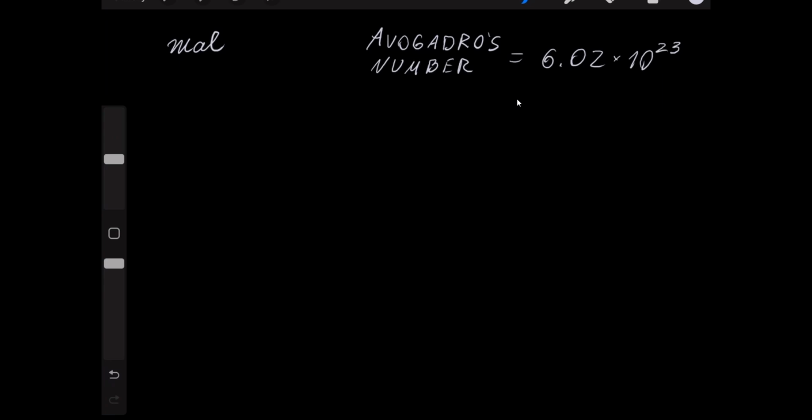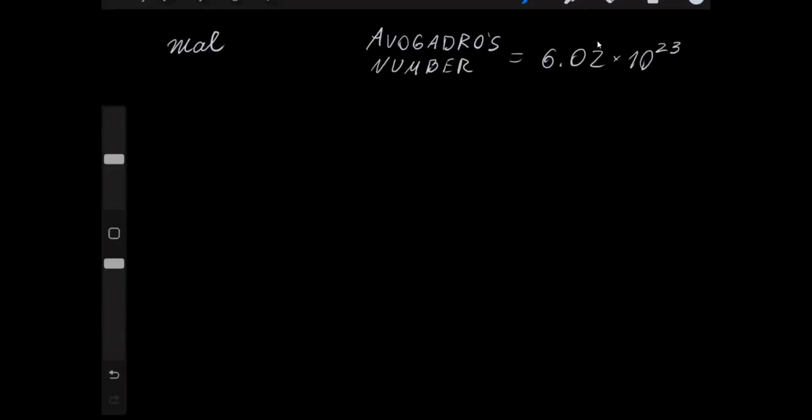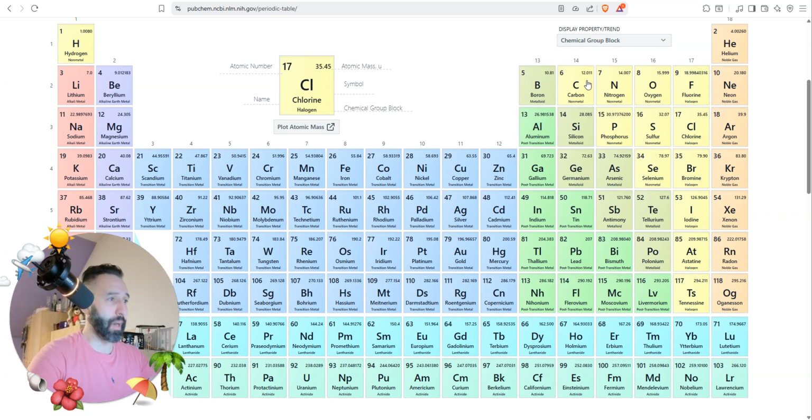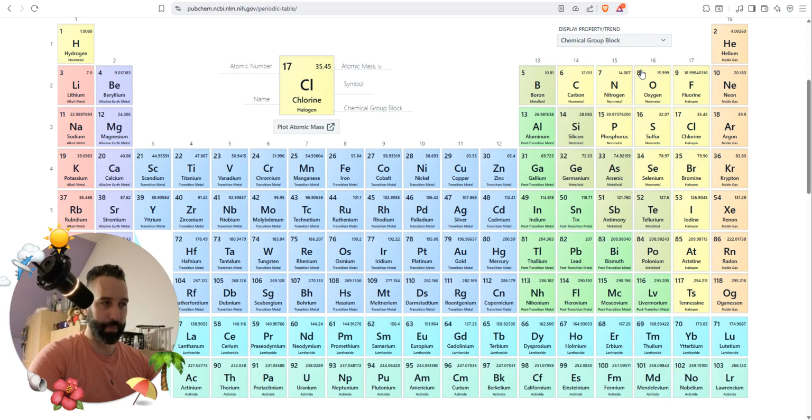Avogadro's number is the number of particles in 1 mole. What does that mean? That means 1 mole of boron has a mass of 10.81 grams, and 1 mole of boron is this many atoms of boron: 6.02 times 10 to the 23. 1 mole of carbon weighs 12 grams, and a mole is an amount of carbon that contains this many particles of carbon.